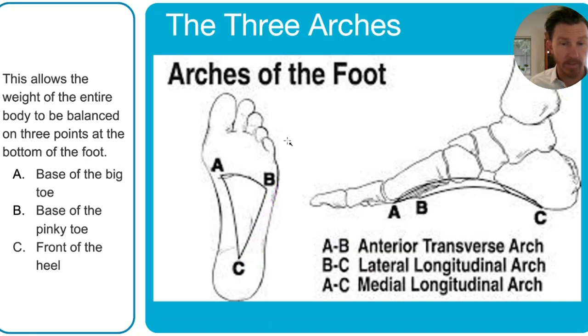This is the outside of the foot, the lateral side of the foot, and it's going long, so lateral longitudinal arch. And then the medial longitudinal arch. So anterior transverse, lateral longitudinal, medial longitudinal. Those are the three arches of the foot.